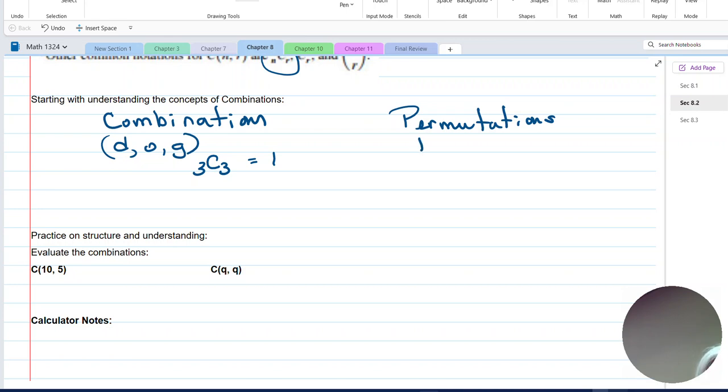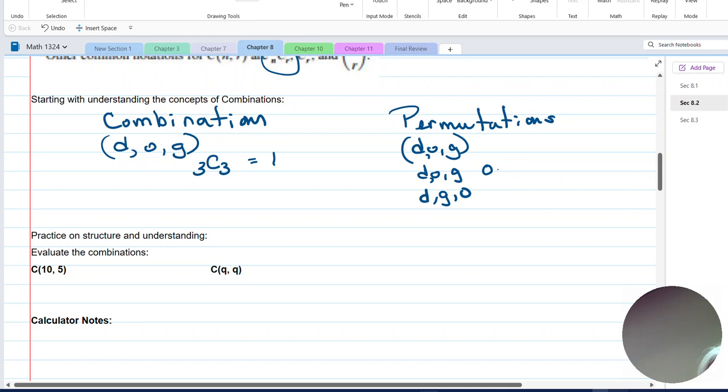Whereas if I had dog here, I would have DOG, or the DGO, or then I would have the ODG.